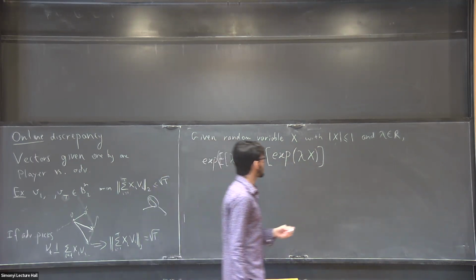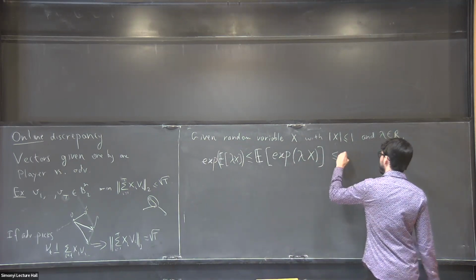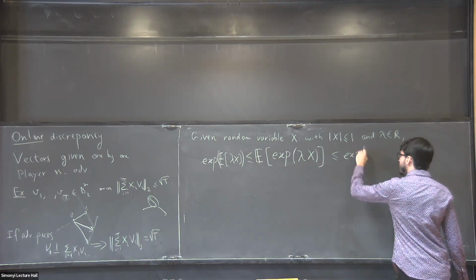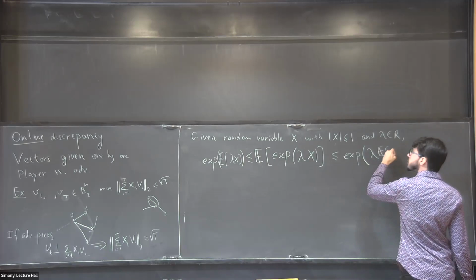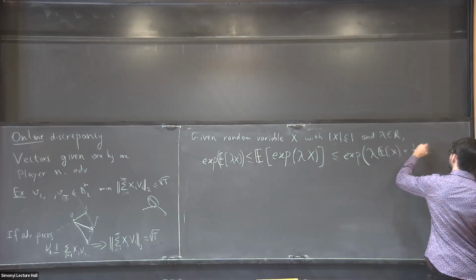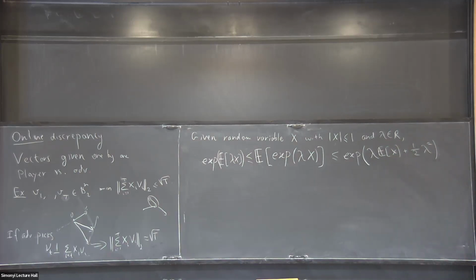The interesting claim is that it's also at most almost the same thing. I can just pull off the lambda, and then there's some extra term of lambda squared. This is similar to what I just erased.